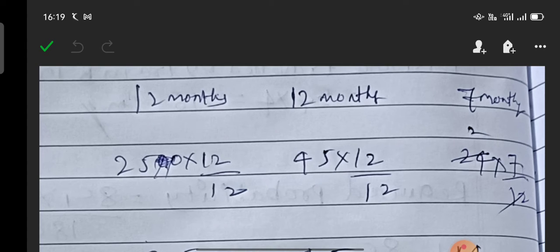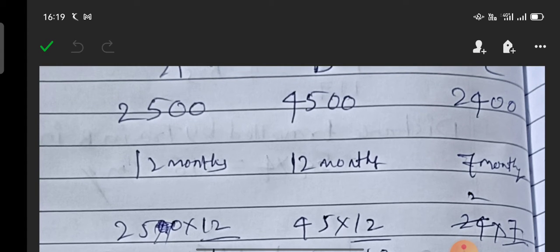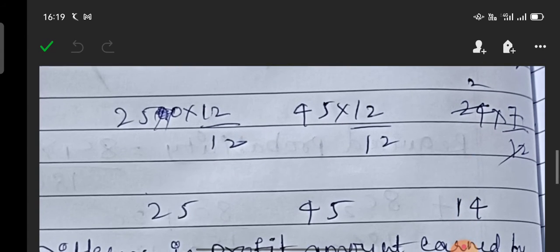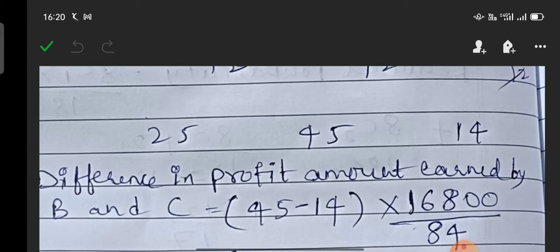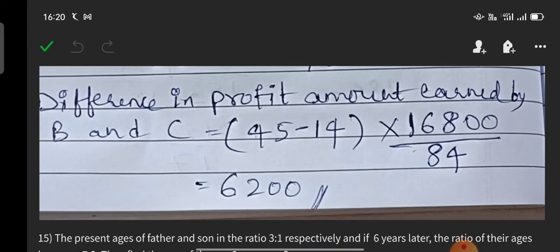So 25, you have to cancel 2 zeros. So 25 into 12 by 12, 45 into 12 by 12 and 24 into 7 by 12. So we got these values, the difference in profit amount earned by B and C.